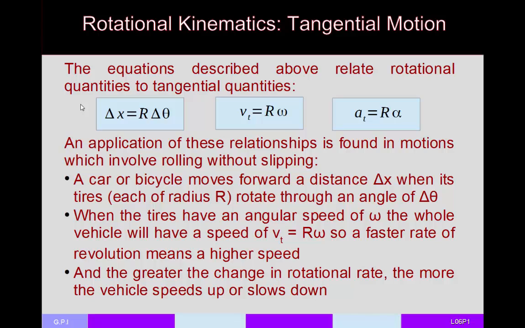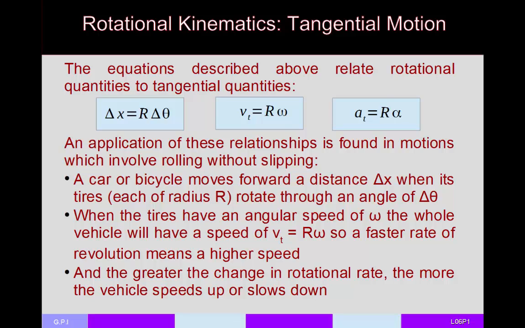And as you can see, the tangential quantities I've labeled with a little subscript t. So the tangential speed is the radius of the wheel times the angular frequency. The tangential acceleration is the radius of the wheel times the angular acceleration. And you can get an application of this in these motions that involve rolling without slipping.